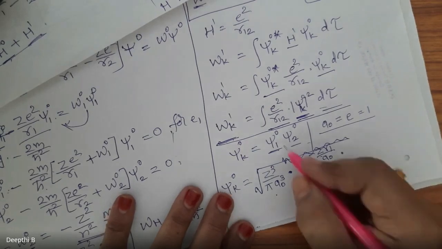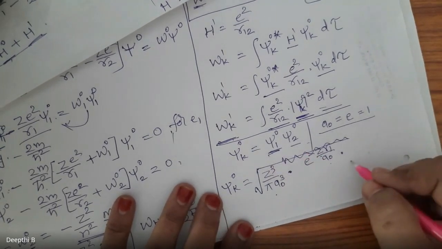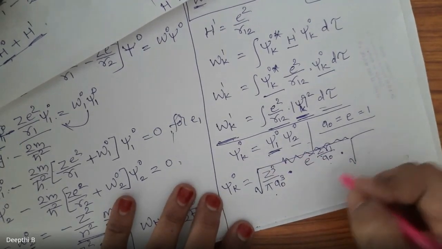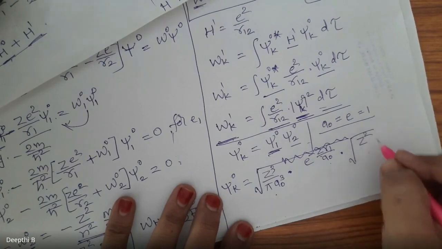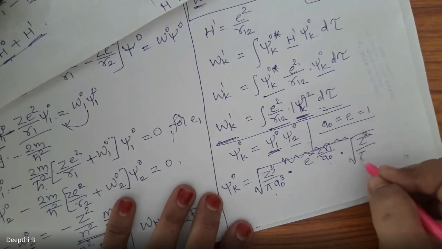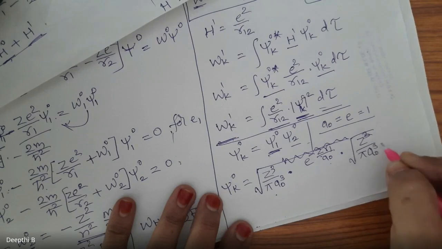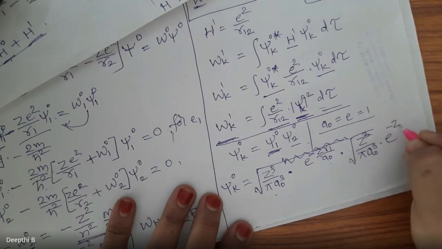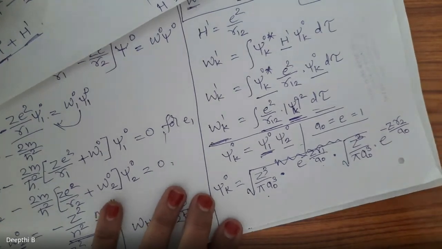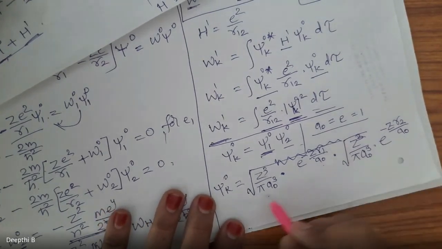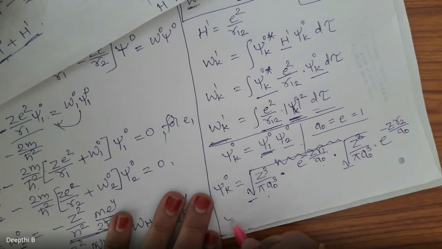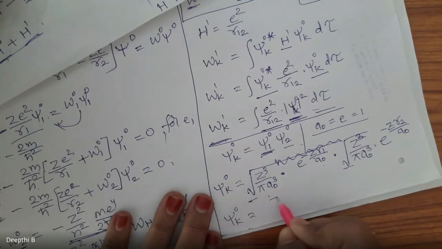Now psi 2, again root of Z cube by pi a naught cube into e power minus Z r2 by a naught. So you can see here, the roots cancel. So psi k naught is equal to what we get?